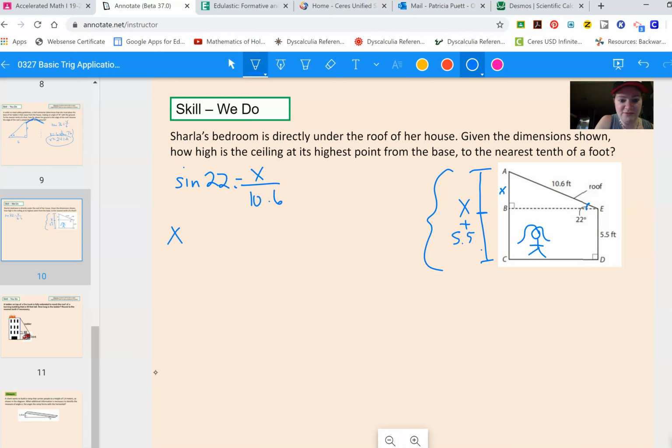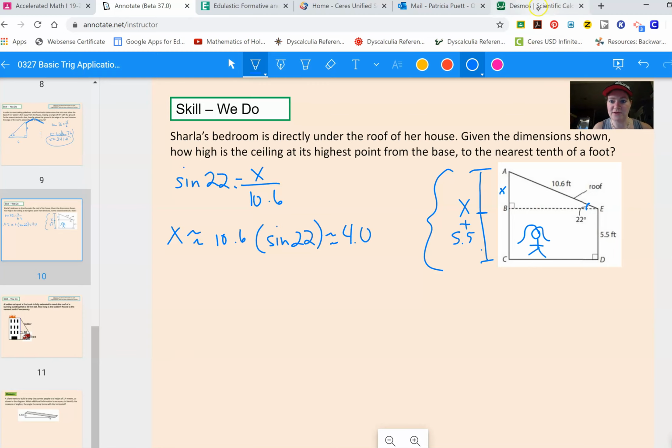To figure out the value of X, it's going to be 10.6 times the sine of 22, which is about, let's see what I get for that one. I got about 4. Yeah, so it's going to be about 4.